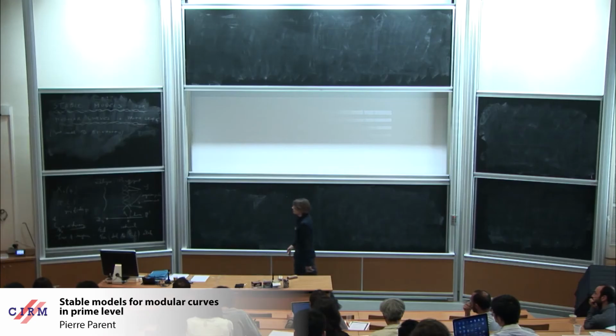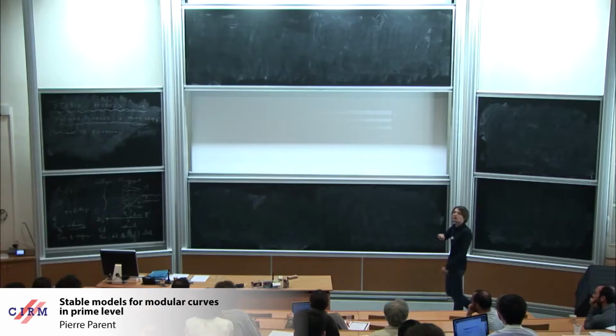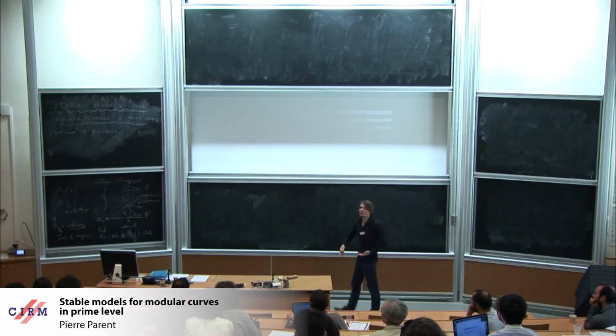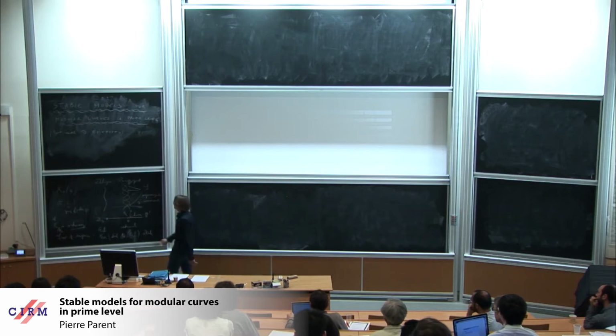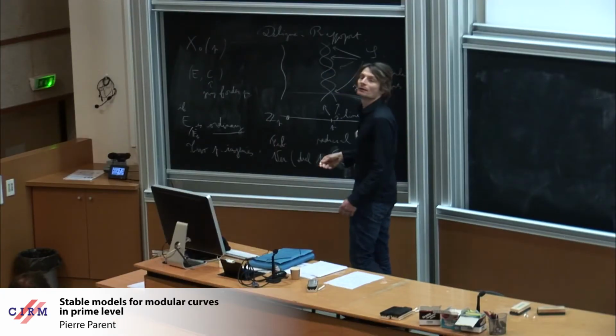And okay, so if you want to describe the isomorphism class of an elliptic curve with a p-isogeny in characteristic p, well, you first have to describe the isomorphism class of the elliptic curve itself. So you have to specify its j-invariant, and then you just have to say, well, I want the p-isogeny to be either the radical one or the étale one. So I have to choose which component, which j-line I am on.